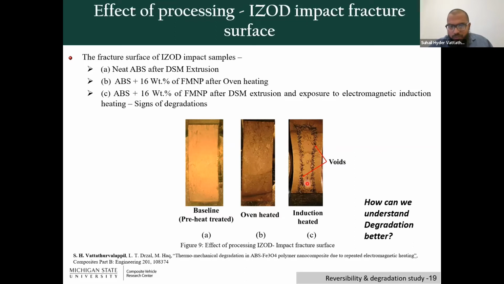We call them voids because it was clearly some kind of voids. So now how can we understand this degradation better, or understand the causes of this particular degradation? So that was another issue that we wanted to study.